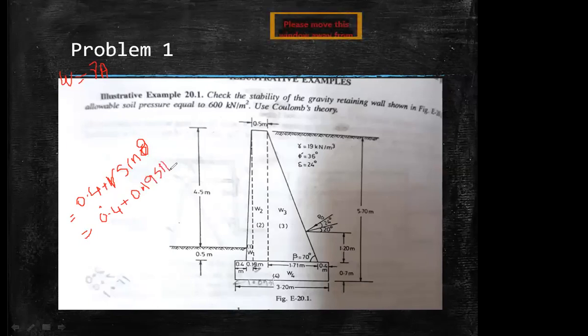How much should theta be here? Theta we need to consider as 44 degrees. So this will be the lever arm or perpendicular distance.